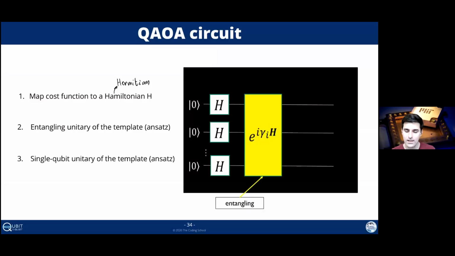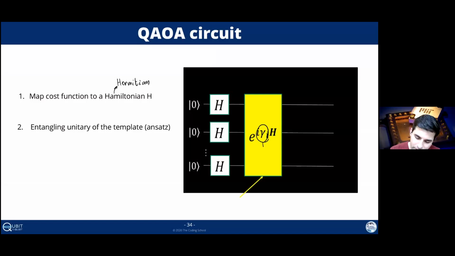In this case, the entangling unitary has the form e to the power of i gamma H, where gamma is our tunable variational parameter, and H is the Hamiltonian that we talked about, the cost Hamiltonian.